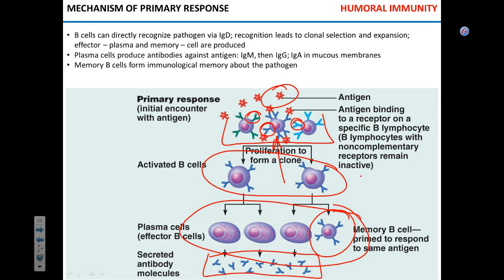Circulating memory B cells are already primed. They're ready to quickly respond to the pathogen again. All different kinds of antibodies are going to be produced. Well, mainly IgM, IgG, and IgA will be produced specifically on the mucous membranes.